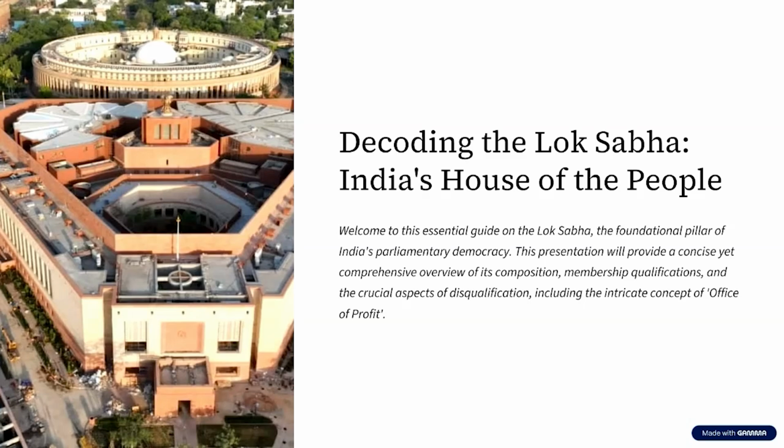This is what we call the single transferable voting system. This is the system followed in the Rajya Sabha election: proportional representation with a single transferable vote and also with the open ballot. So this is how the Rajya Sabha election is done.